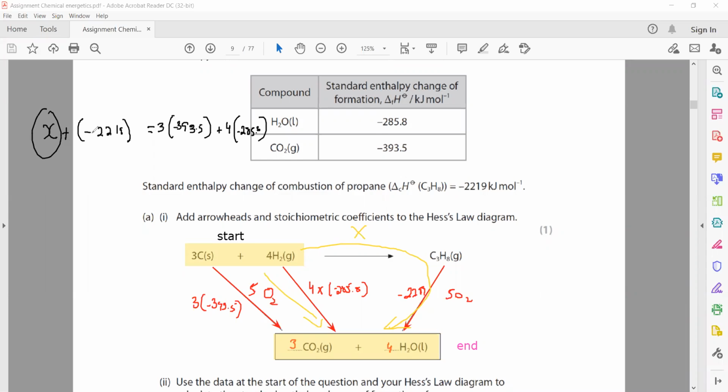We are finding this X, so we will move the number to the other side.